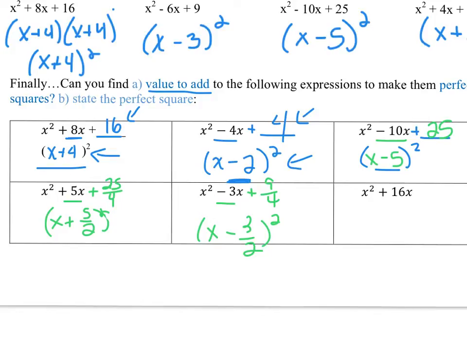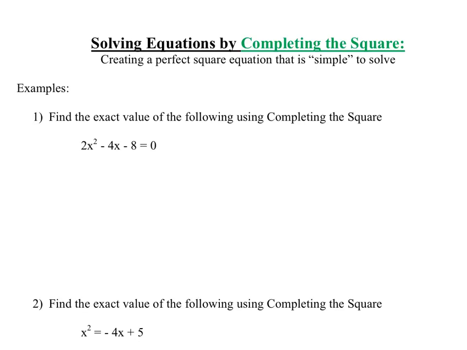Even is easy because you can divide even things by 2. And then here, this number in here, take half of it, 8, square it, 64. Beautiful. So if you got that concept down, the half squared, half squared, half squared, you got this. This is nothing.